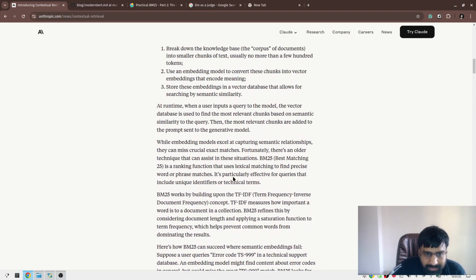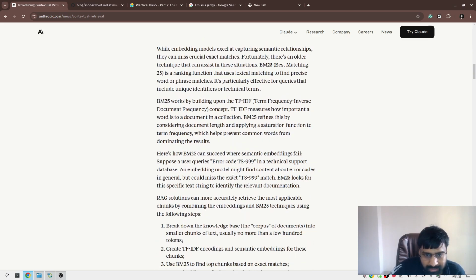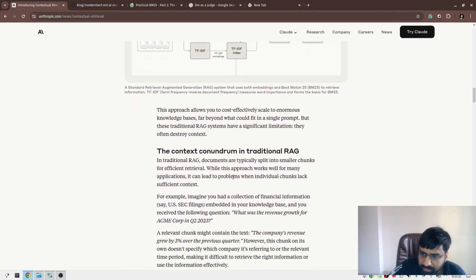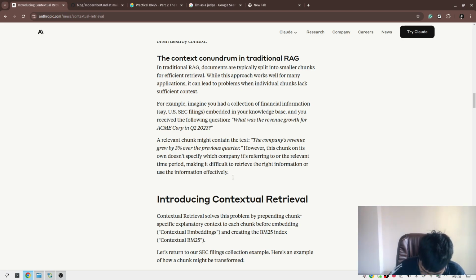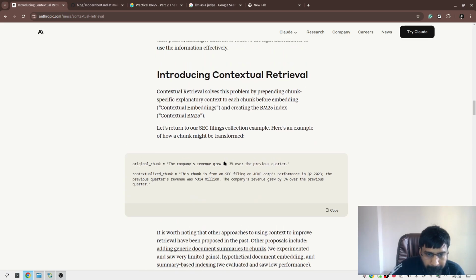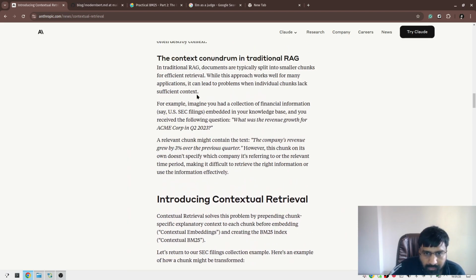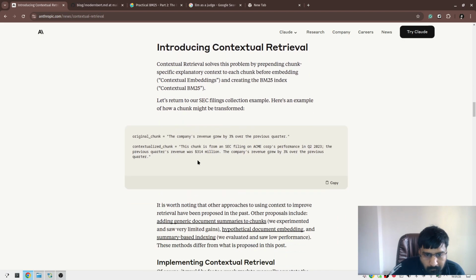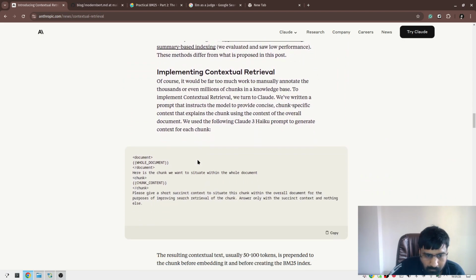Then the other strategy that they had written in this blog was, if we go a little down, yeah. So the second strategy that they have suggested in this blog is, you have a large database, right?